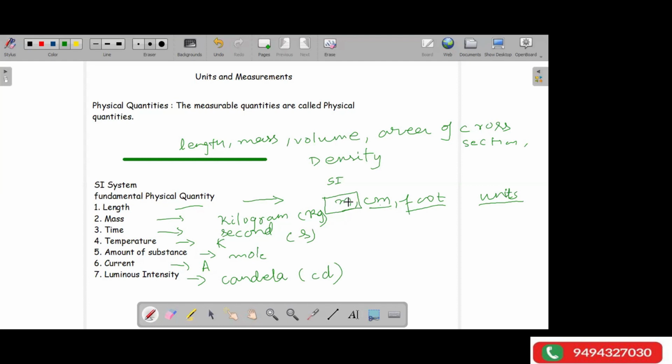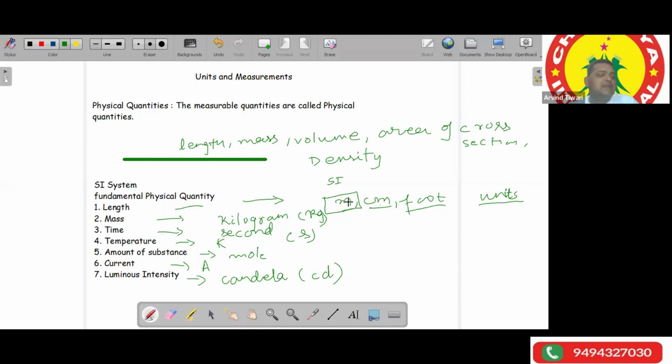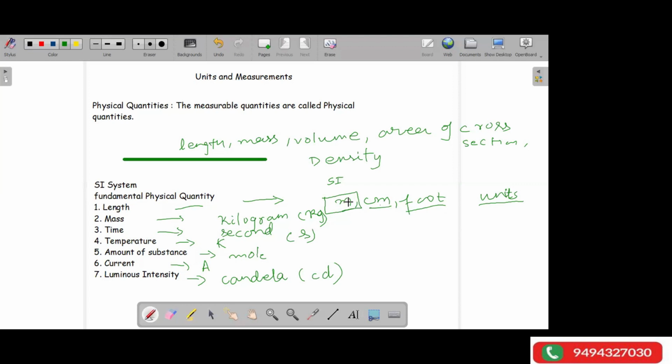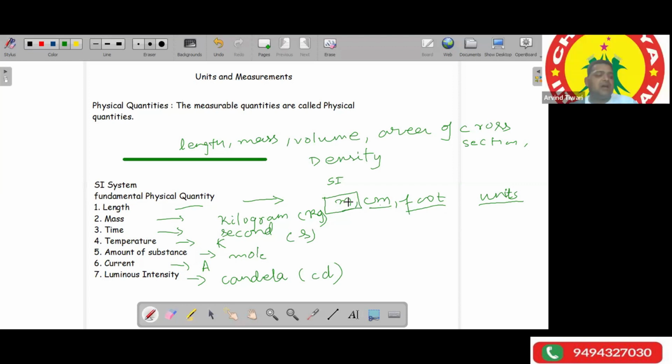But how will we then define 1 centimeter? Our problem is that we want to know how much distance we should call 1 meter. Shall I take this much as 1 meter, or this much? What should be the distance that I should call 1 meter?